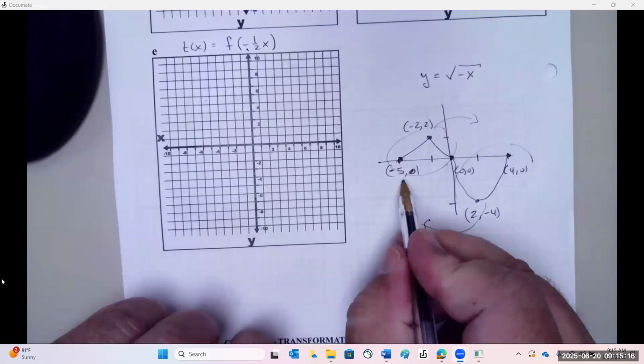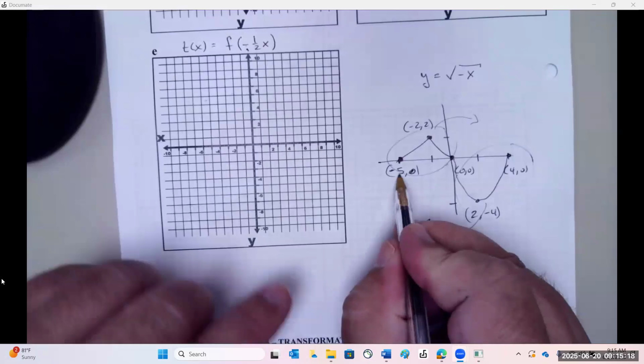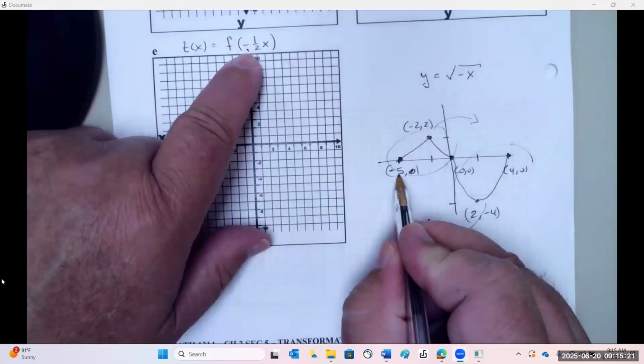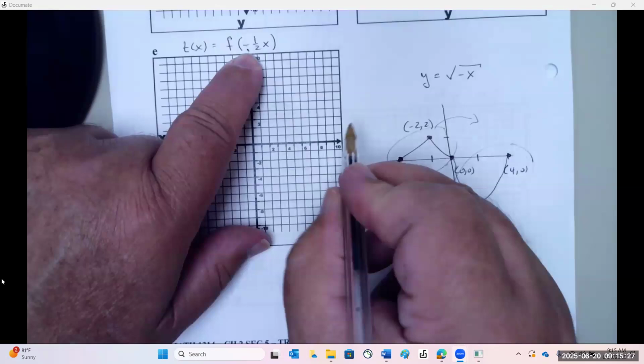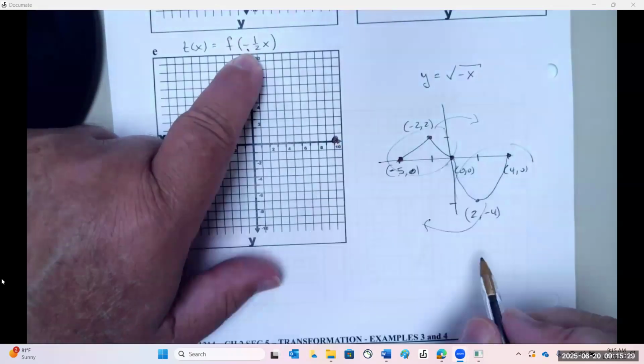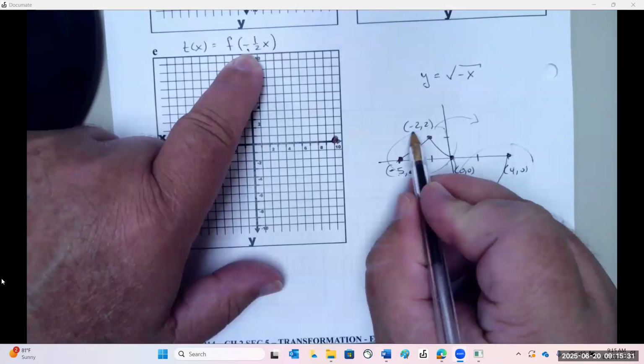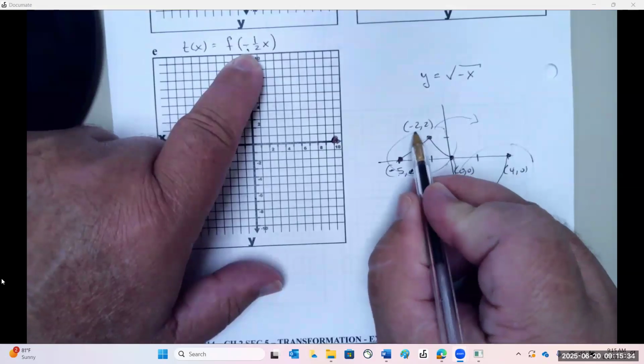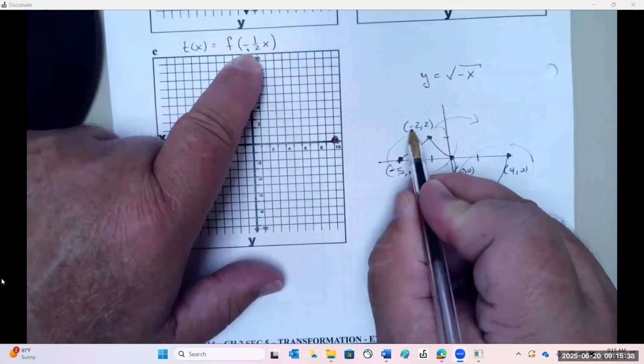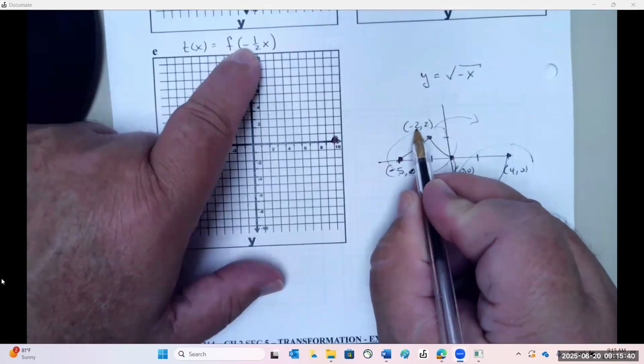So if I take -5 and multiply it by -2, what do I get? +10. It's over here now. And it's at 0. At -2, 2, what changes there? So I'll take -2 and do what with it?